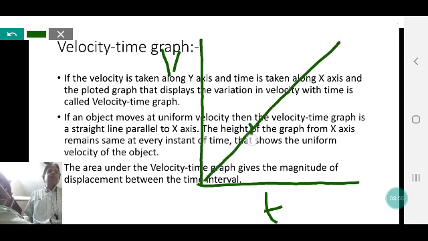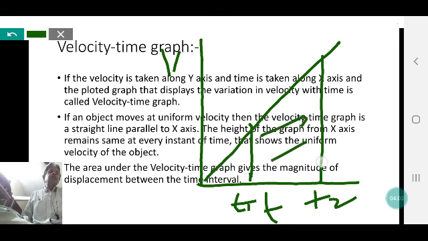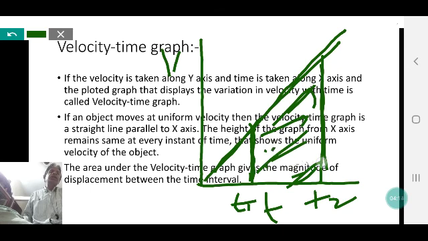The area under the graph from T1 to T2 shows the magnitude of displacement of the object moving with uniformly accelerated motion, and this area shows the distance if the object is moving in a positive direction in a straight line. This will be discussed in this video.